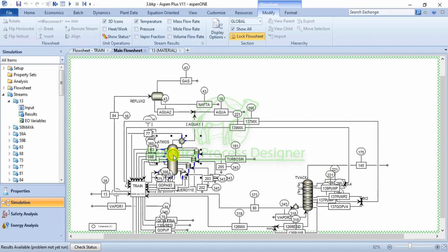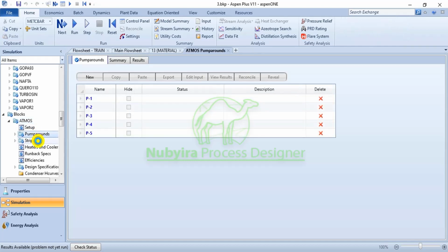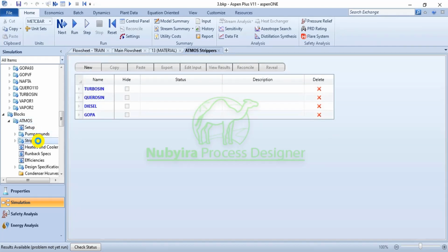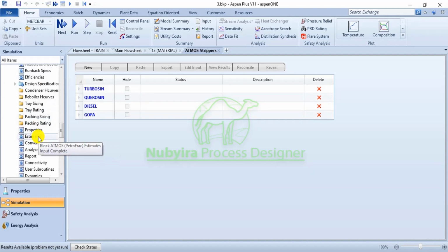I will be going deep into each of the main columns because it's a refinery crude unit. We have pump arounds and strippers in each of the columns. So it's a typical refinery process for refining Maya crude.